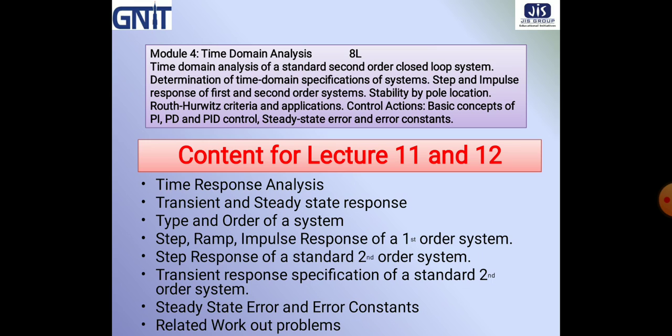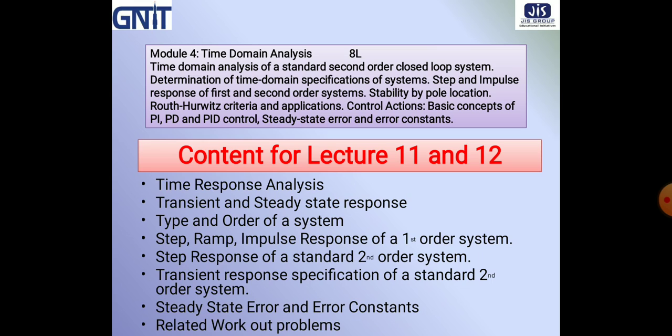So in our 11th lecture, that is in our today's lecture, we will discuss time response analysis of a control system, transient and steady state response, type and order of a system, step, ramp and impulse response of a first order system, step response of a standard second order system.